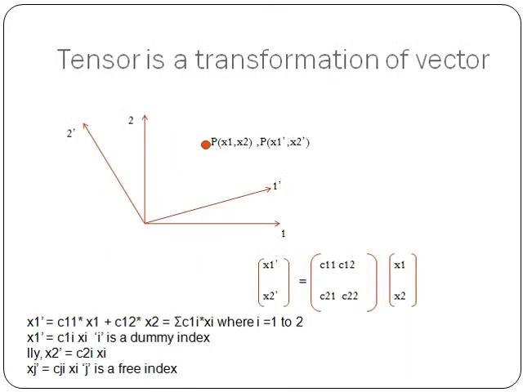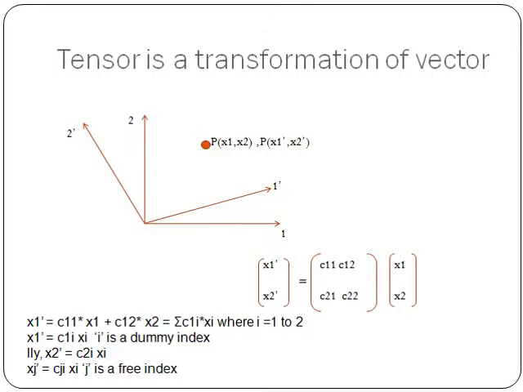This is a very important slide. Here you can see that one axis is 1, perpendicular to another axis, which is called 2. Instead of x and y I say 1 and 2, and the other transformed axis is 1 dash and 2 dash. For example, P is the vector x1 i plus x2 j; just say x1, x2.